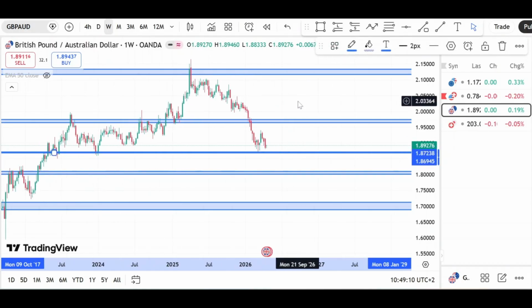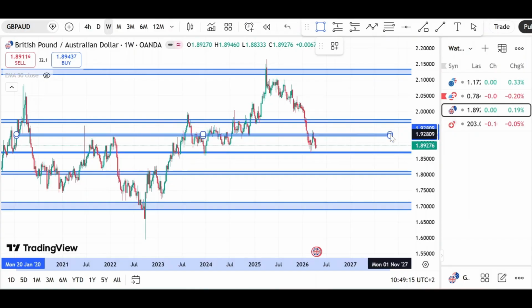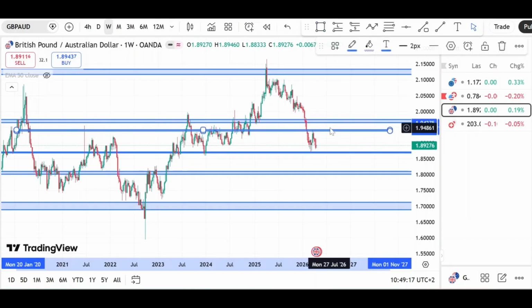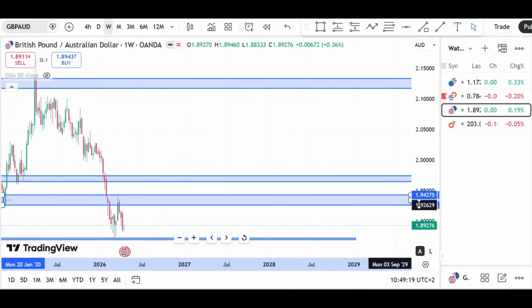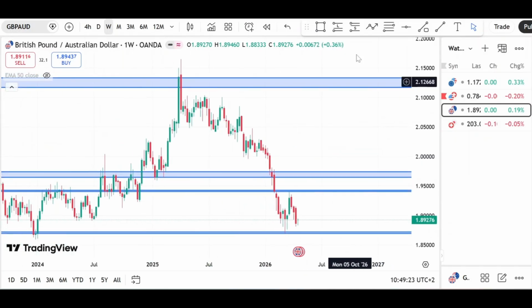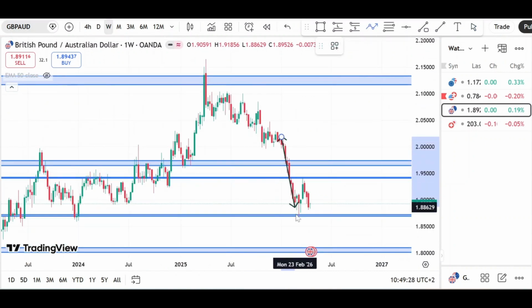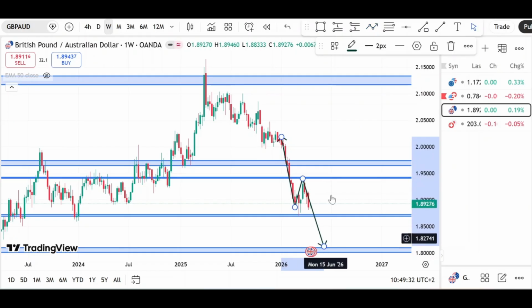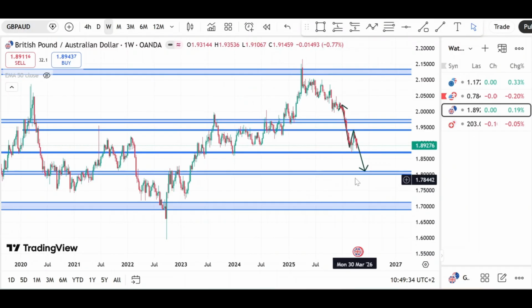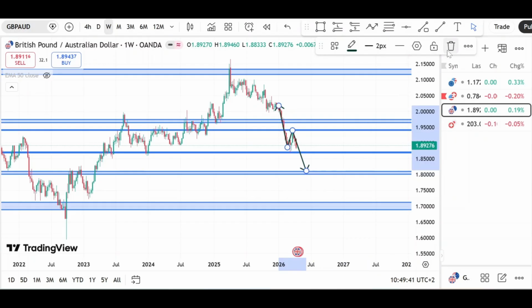We are in a downtrend, because you are seeing lower lows and lower highs. Look at here. This is what I was saying: a break of structure to create a lower low and a lower high. Expect the continuation in order to come back here on this weekly, on this monthly lower zone.